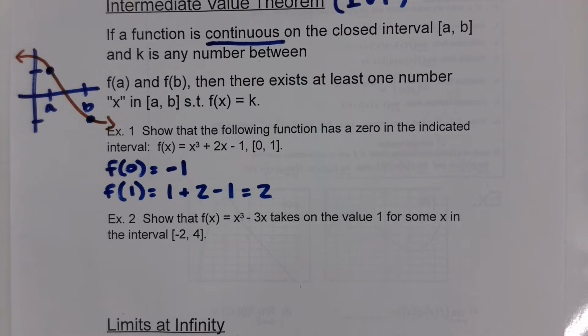And there are so many things on the AP test that you may get a question and you're not exactly sure what it's asking, where if we had a free response question that said something about does this function have a 0 over this interval, and we know that we're using the intermediate value theorem, we're going to go ahead and give a good explanation of why we know this.